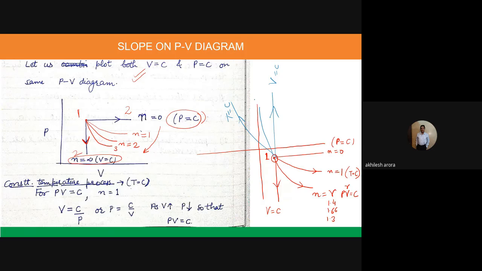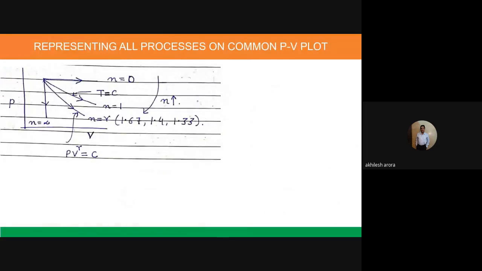This is n equal to gamma. So this is how we can plot the various processes, if we are changing the direction actually. Here I have shown all those processes in this diagram once again. I have already explained it to you.